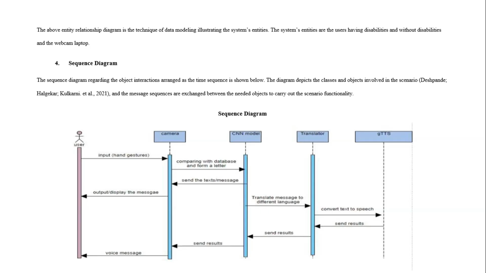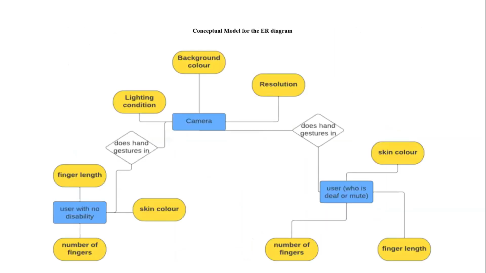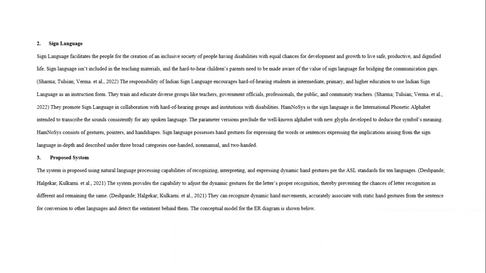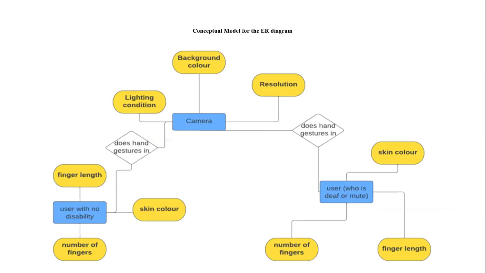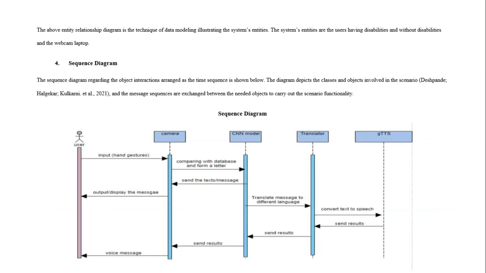It is captured by the camera, and then the CNN model. CNN stands for convolutional neural network model. So it compares with the database, and a letter is formed. After that, it is converted to different languages using the translator, and then it is converted to speech using the gTTS component.